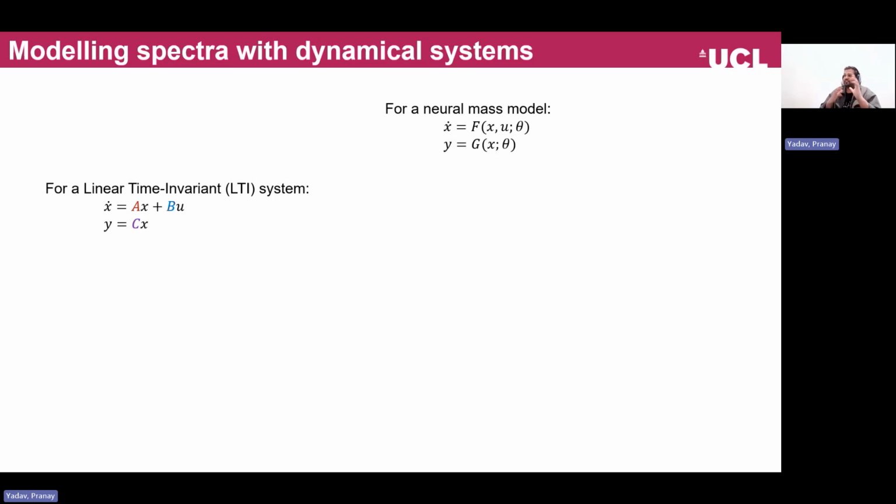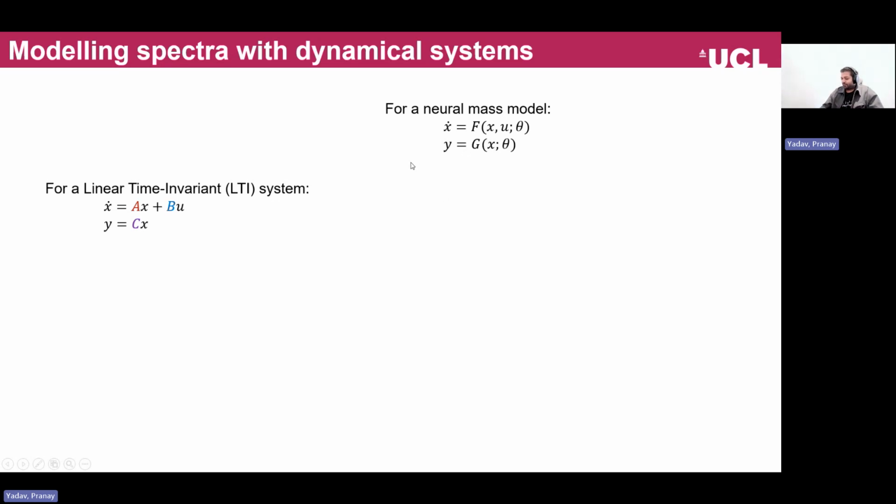It's called the f(x) function, which describes the latent neuronal states. Essentially this function depends on the current state, the input, and parameters theta. y is the observation model, which we haven't yet spoken about, but we'll come to it later on. And it's usually a linear model.